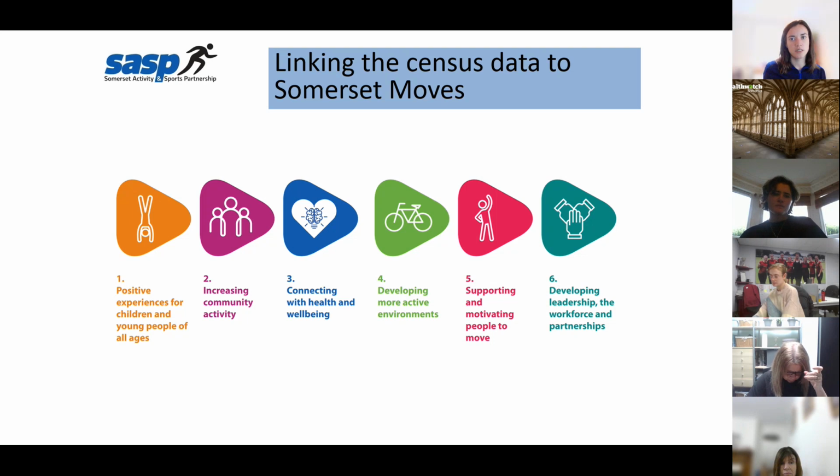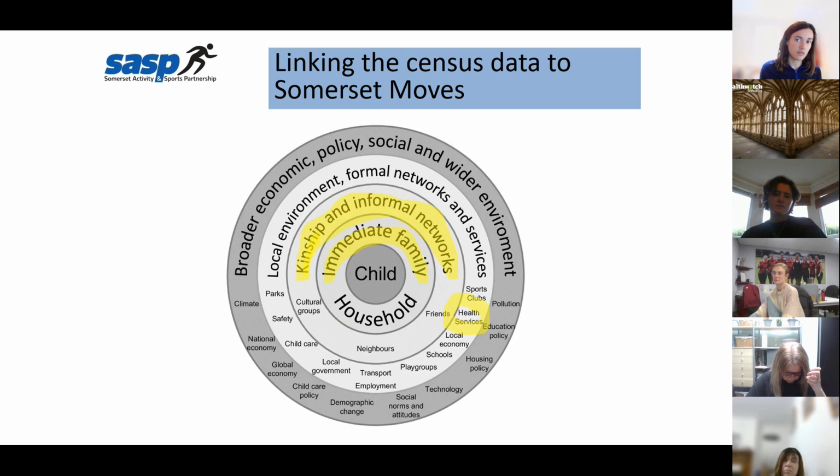So it'll be interesting to see what we can do and what we can explore in more detail as we move forward. And then finally, I think it's really important to remember that whilst here at SAS we're focusing on the physical activity sector, our strategy is system wide, and so other sectors are really important and have an impact on the people that we're working with. So those health services, particularly in the local environment, but also health policy at the national level, really impact on people's health outcomes.